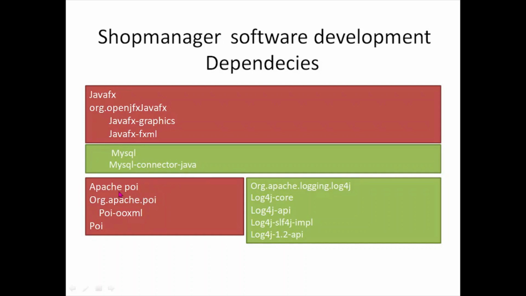Here is Apache POI, which gives you the interface for all kinds of MS Office related interfaces and utilities. The group ID is org.apache.poi, and poi-ooxml, for Open Office XML, is the artifact ID. Another group ID is org.apache.logging.log4j, and this is for logging, appending and all kinds of required information. These are all required APIs that will be needed for our software.